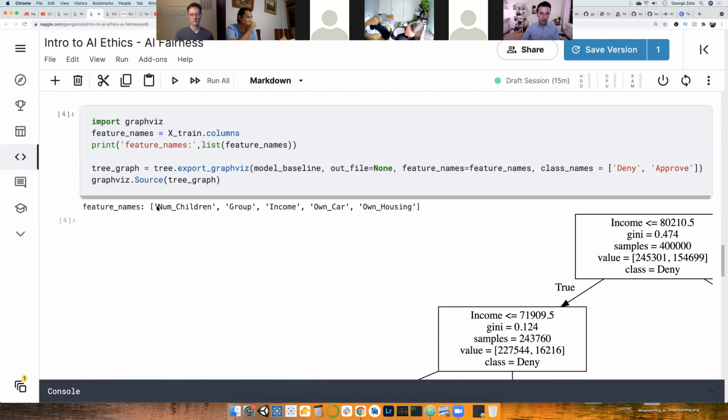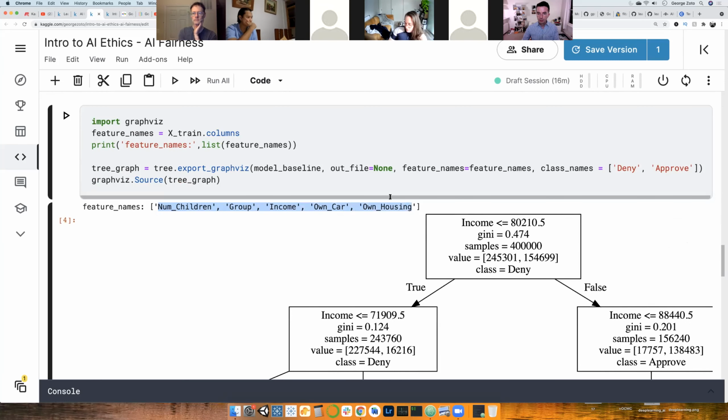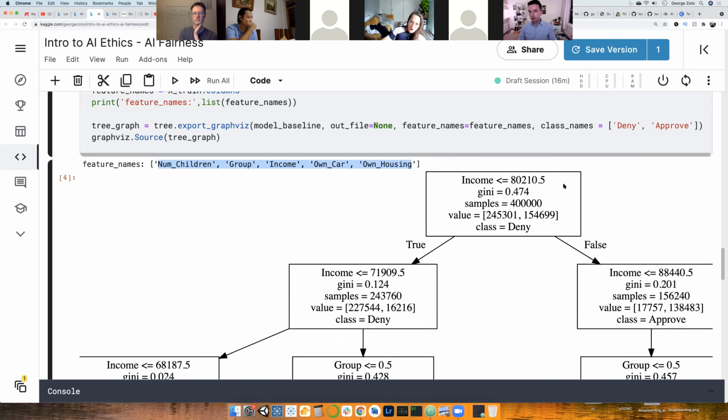So I'm looking at these different features: number of children, group, income, own car, own housing. And we're looking at this level 3 tree. The most important feature is income. And this decision tree that we trained is looking at each record. If that record has income less than $80,000, that is true, it goes to the left sub-branch.